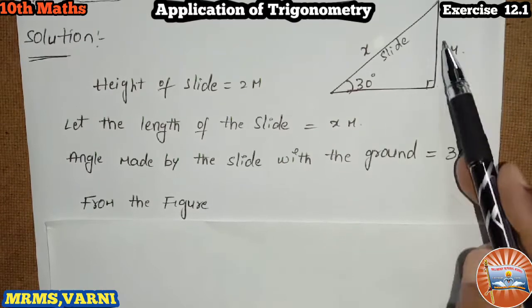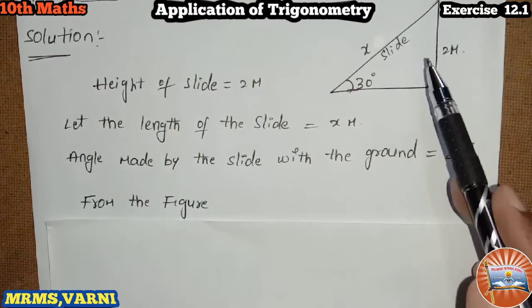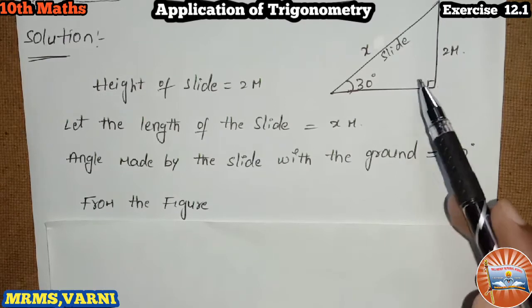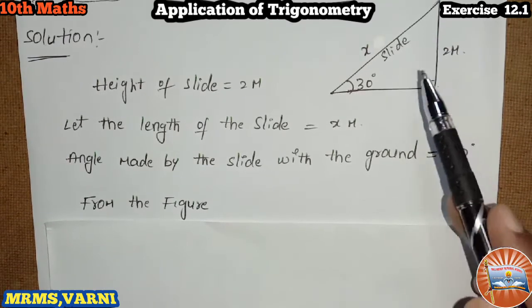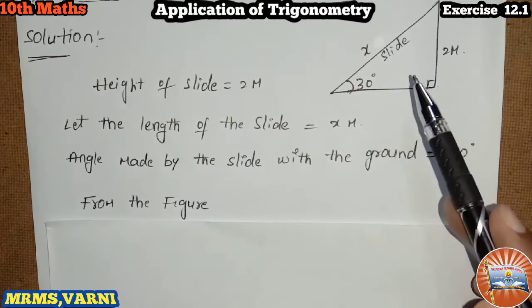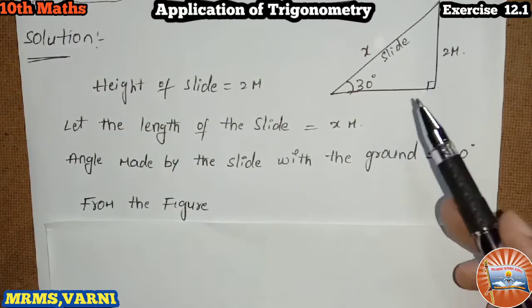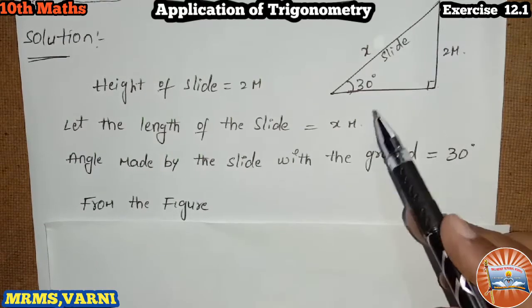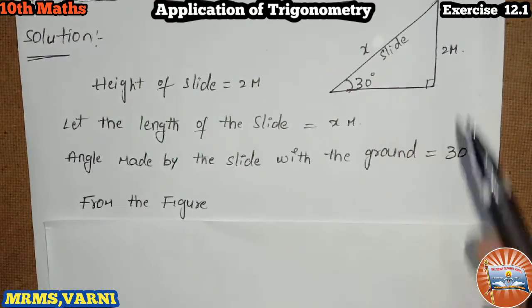So this problem we can solve by using the cosec theta ratio or the sin ratio. Here I am going to use the sin ratio to find the length of the slide. Cosec you can try yourself.